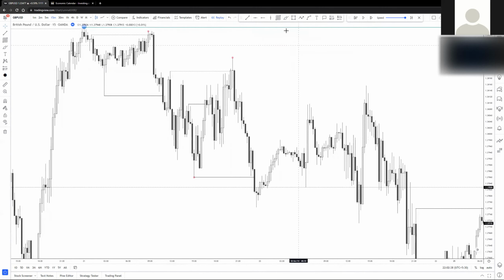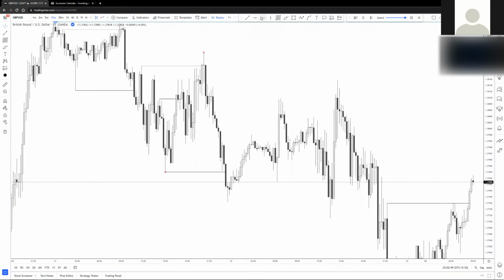Can you see that? So this right here cannot be taken as a structural point. So if this cannot be taken as a structural point, this cannot be taken as a structural point either. But look at this. This high created a lower low and then got broken. So your trading range is from here to here, not from here to here or from here to here.